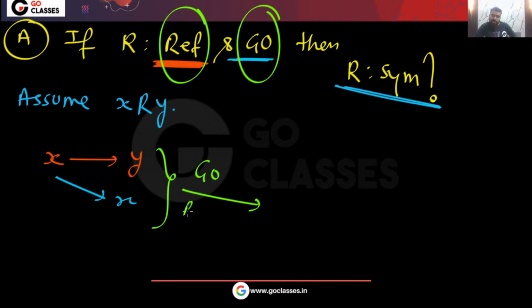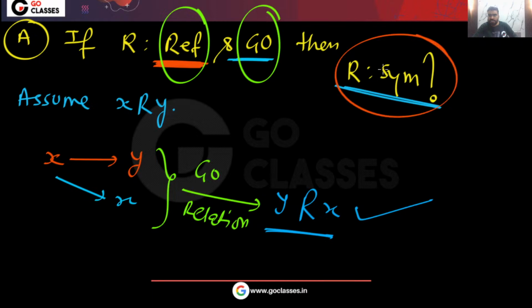Because of go relation, it is given that R is go relation. Y will be related to X. That's it. Okay, so symmetricity is guaranteed. Yes or no? So symmetricity is guaranteed. Is this clear?